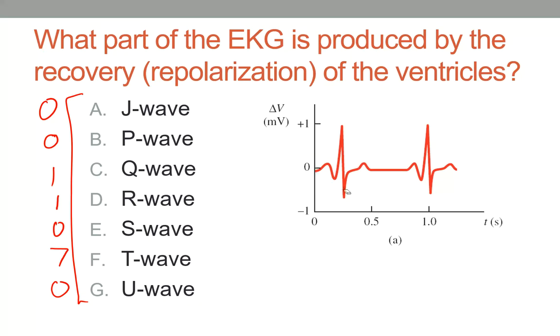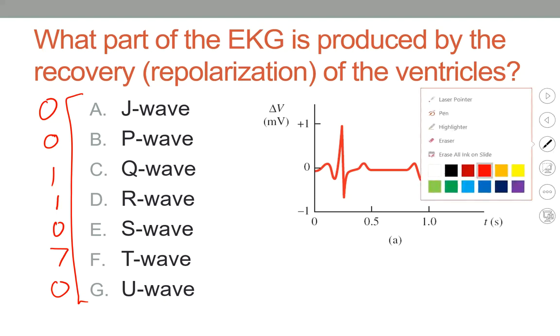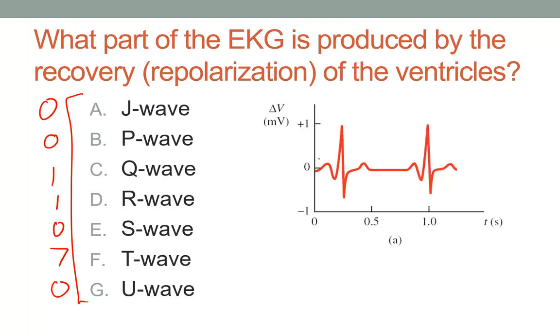Okay, I have to change color so we can actually see a contrast there. That there was the P wave, and the P wave was the depolarization of the atria. That's the atria pumping blood into the ventricles. This here, I heard people saying it, is the QRS complex. We don't generally break that up.